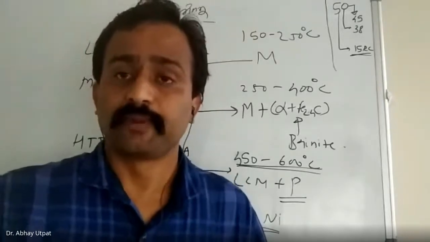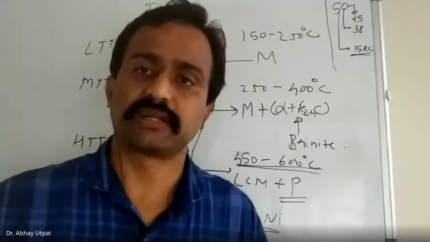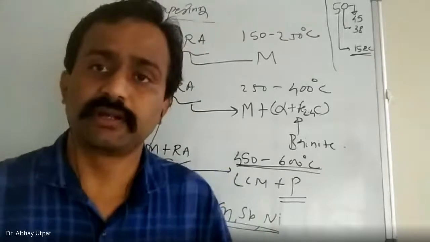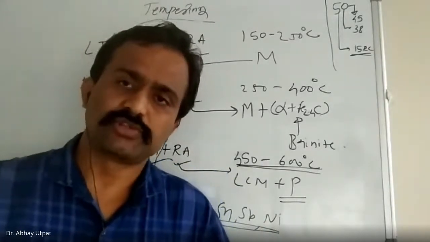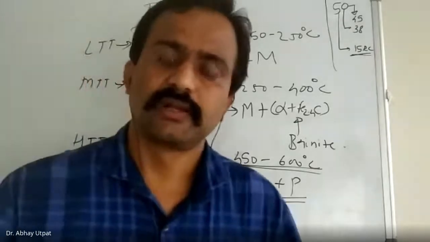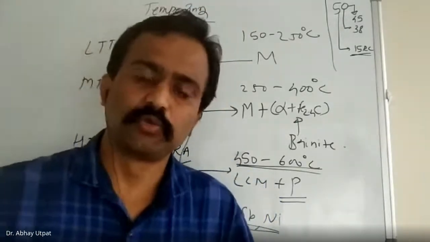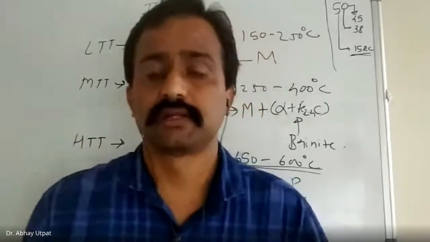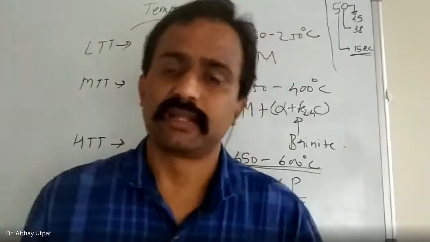But one important concept before we go to the next part of hardening is hardenability. It is a very important concept. Without understanding the hardenability concept, you may not survive in core companies as a metallurgist. That concept I will explain in detail in the next class.